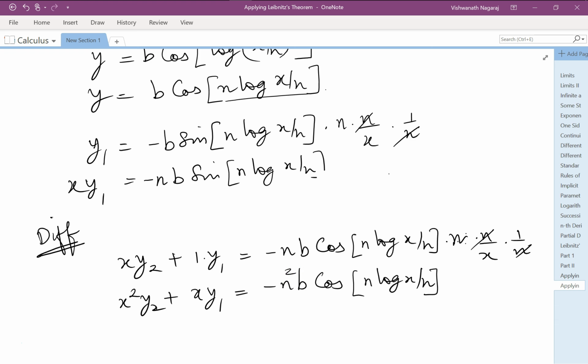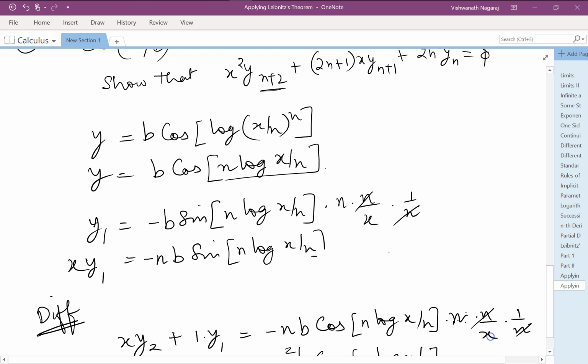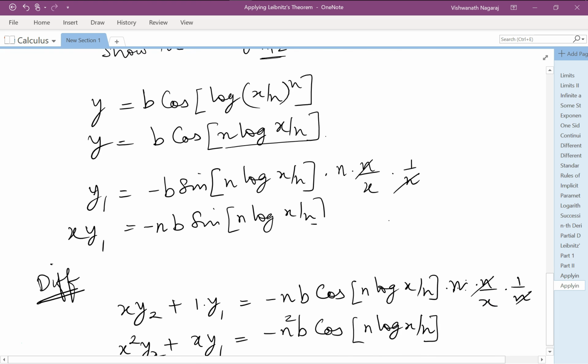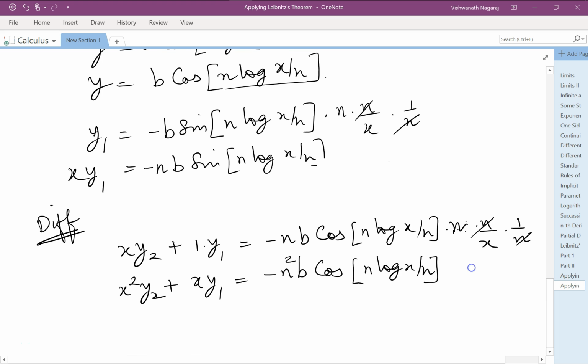Now remember, b cos n log x by n is nothing but y. This entire thing is y. So this becomes minus n square y.